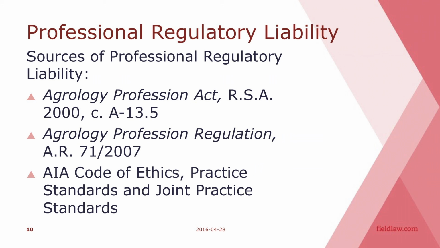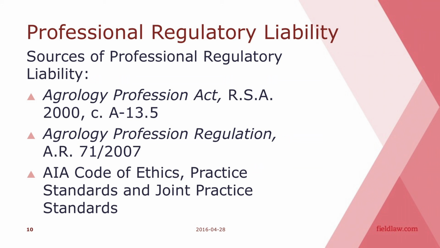Now let's switch gears a little bit and talk about specifically professional regulatory liability. And what do I mean by that? Well, I mean liability because you're a member of the Alberta Institute of Agrologists or one of the other professions. So the sources of that, the main sources would be the Agrology Profession Act, the Agrology Profession Regulation, the Code of Ethics, the Standards of Practice, and any joint practice standards that are out there that guide you.